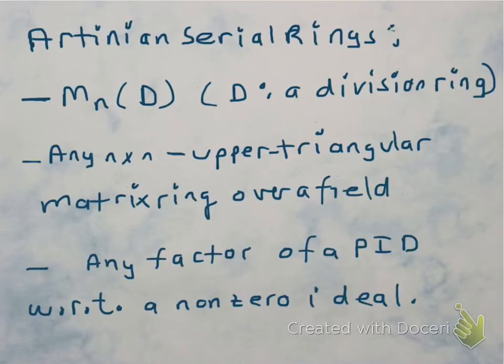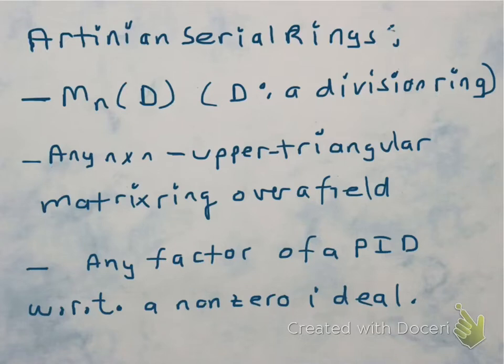So here are some examples of the Artinian serial rings that are well known. This is the simple Artinian ring, that's the full matrix ring over a division ring. Upper triangular matrix rings are Artinian serial over fields, and even further they are hereditary, two-sided hereditary.